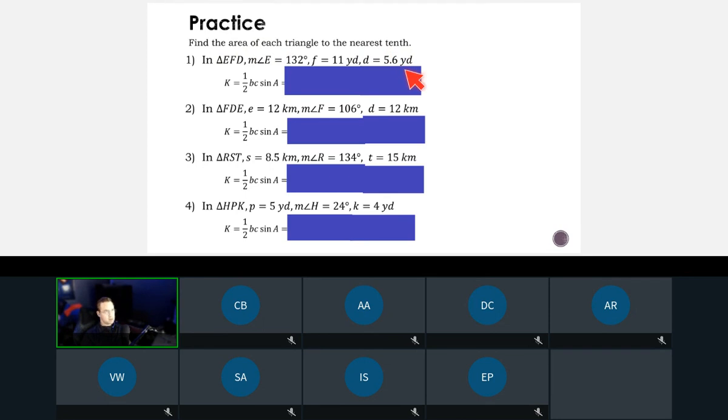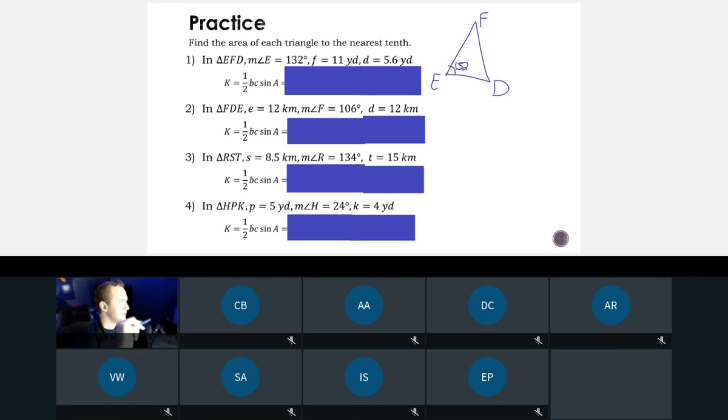So you could draw a picture. I'm going to draw a picture of this first one to show that we can, but really for these, you probably don't have to. Here's my triangle EFD. It doesn't matter what your triangle looks like. Doesn't matter which corners you name. So angle E is 132.